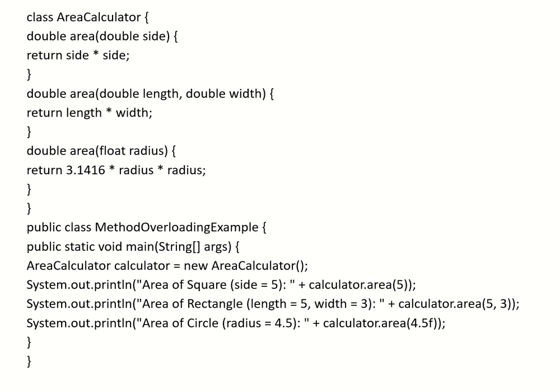We calculate with the help of the parameters, sending a single parameter, two double parameters, or one float parameter. These are different parameters, so it is called method overloading.